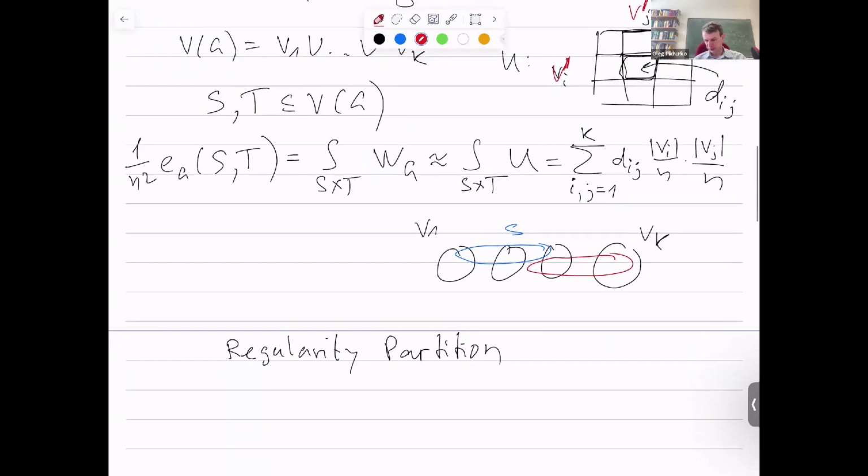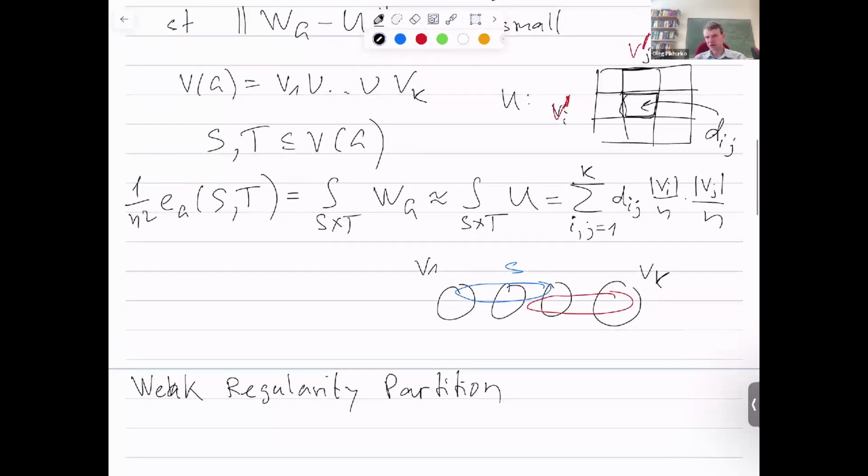Yeah, and if you look at it, it reminds you very much of Szemeredi's regularity partition. It's a bit different. Here, actually, it's a weaker property which we have. In Szemeredi's regularity partition, what we say is, if I take two sets and I look at how many edges cross among all k-squared pairs, sort of averaged over all pairs ij, then this is a good prediction.